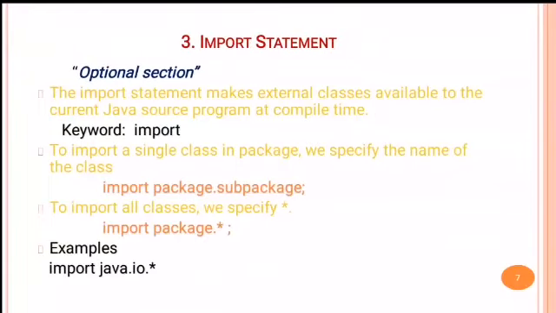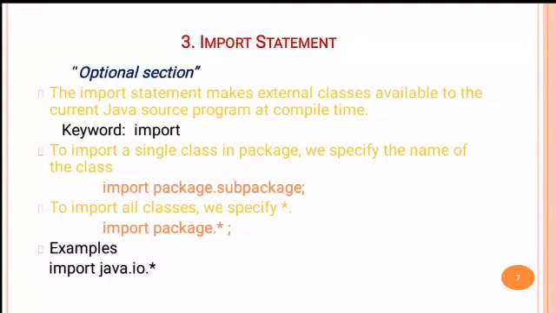The next one, import statement. This one is optional. The import statement makes external classes available to the current Java program at compile time. The keyword used here is import. If you want to import only a single class in the package, you give the command import, then the main package, then the sub package.